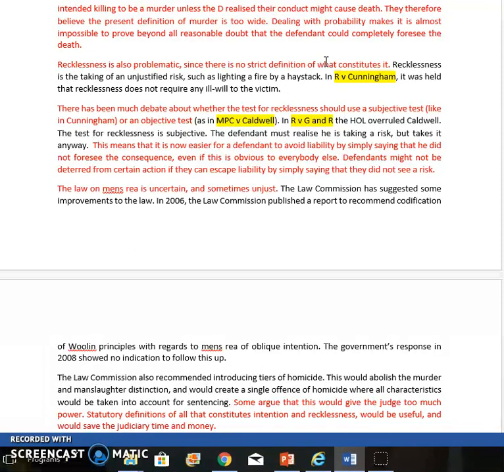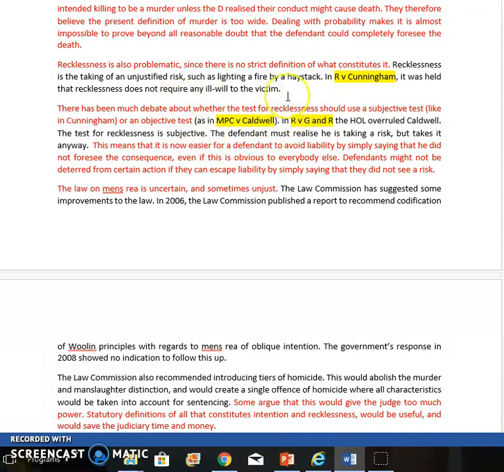Remember, subjective means the defendant themselves actually realised the risk. An objective test means that we don't really care what the defendant saw. We say what a reasonable man would have foreseen. And it's arguably quite unfair to use an objective test because if you're taking a risk, you need to know that you're taking a risk, really, in my opinion, for liability.